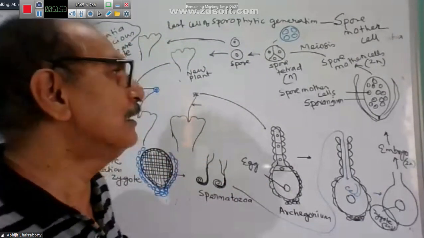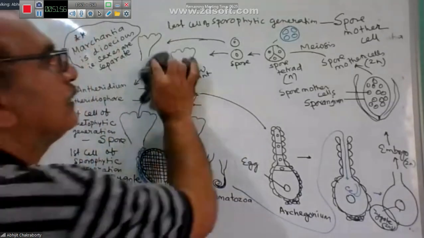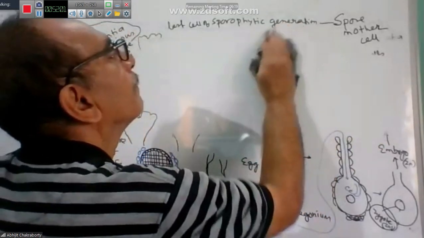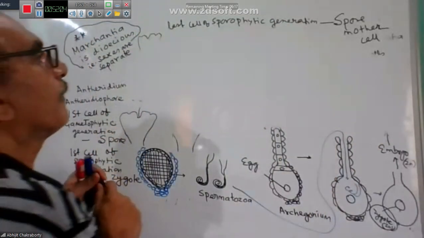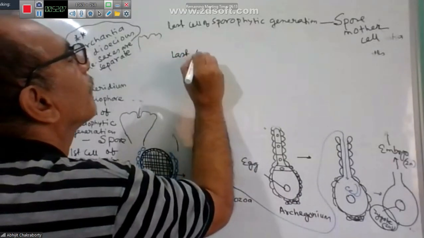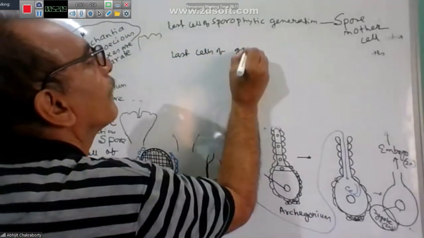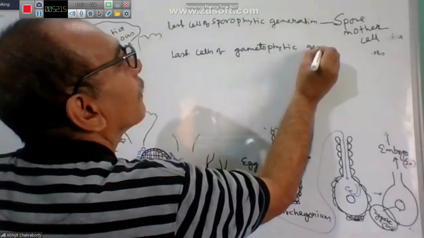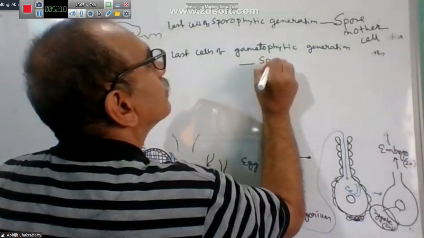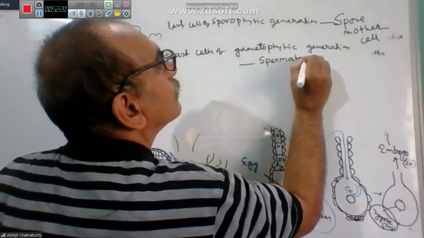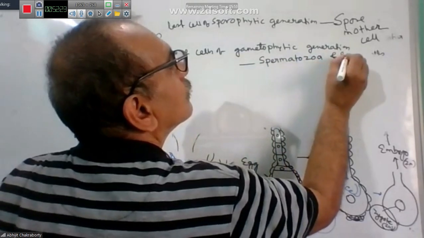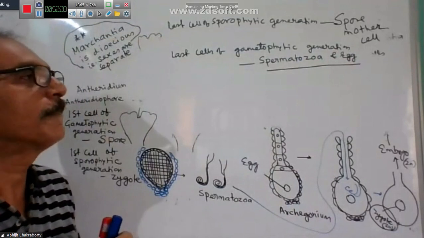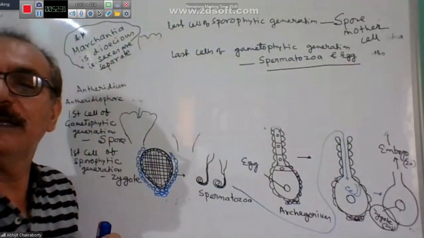So you can write large cells of gametophytic generation: spermatozoa and egg. Clear?